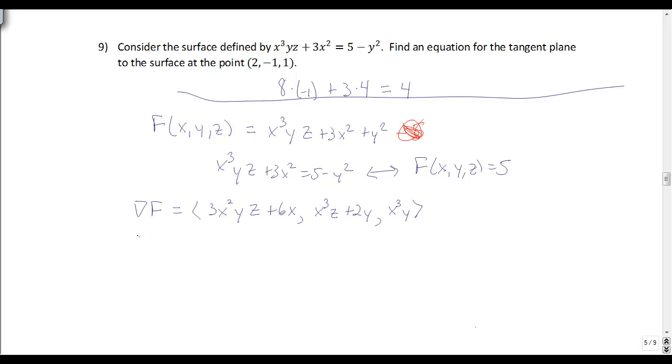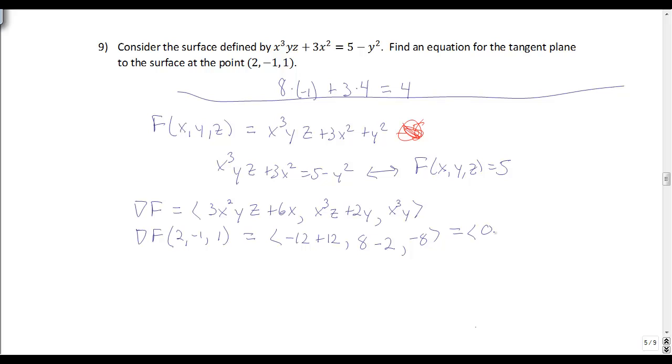And then I really want to evaluate this gradient at our point (2, -1, 1). So that's going to give me 3 times 2 squared, that's 12, and then times negative 1 gives negative 12. 6 times x, that's 12, so that's 0. That's nice. 2 cubed is 8, so I get 8 minus 2, and I get 8 times negative 1, that's negative 8.